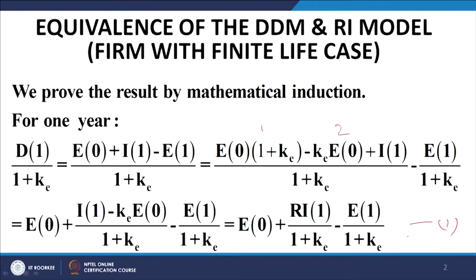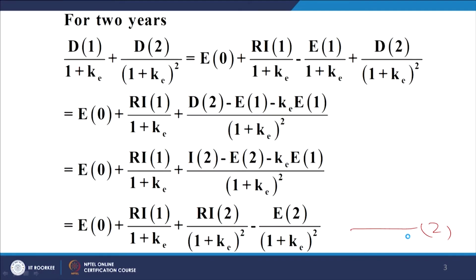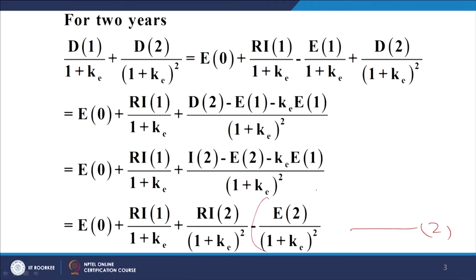If you look at equation 1 and equation 2, you can see that the relationship is pretty much the same. The present value of dividends is equal to E 0 plus the present value of residual income minus the extra term, E 2 upon 1 plus k e whole square.